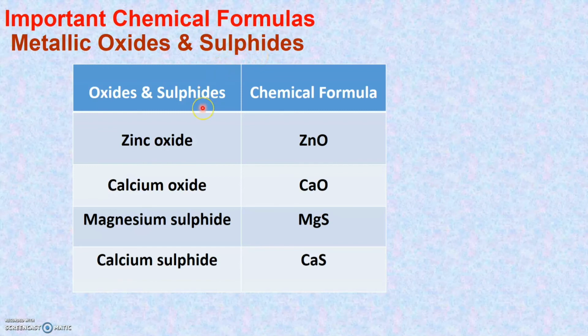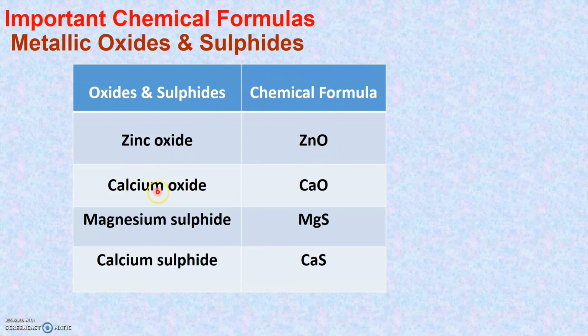Now let us see few of these examples. The metallic oxide zinc oxide has got the chemical formula ZnO. That is a combination of the metal zinc along with that of oxygen, and thus forming the chemical formula ZnO.